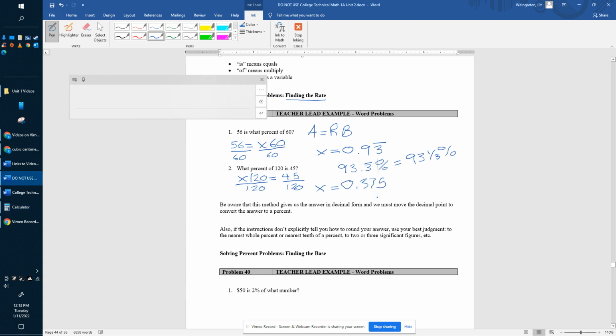And now we have to convert this into a percent. So we have to move our decimal 2 spots, and we get X equals 37.5%. If we wanted it as a fraction, 37.5%. Either of those would be acceptable.